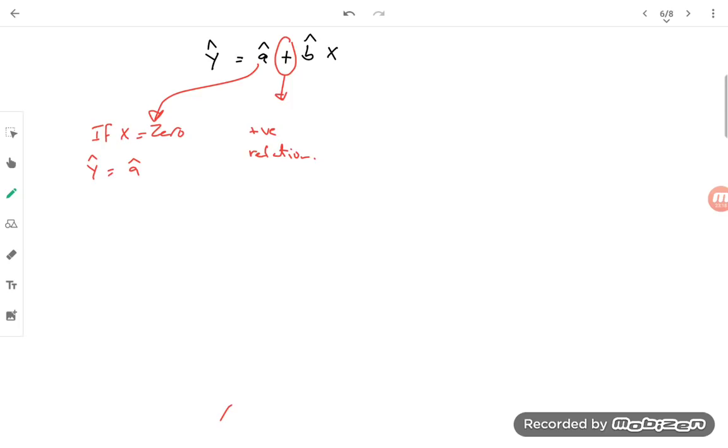With respect to question number 5, by how much will y change if x changes by 1 unit? It will change by b hat. So if b hat equals 2, then if x increases by 1, y will increase by 2, as the sign is positive.